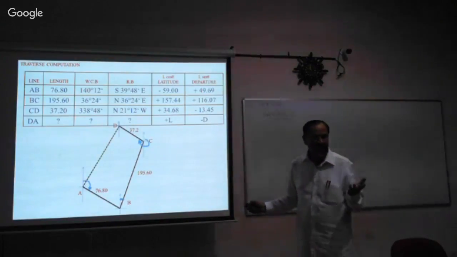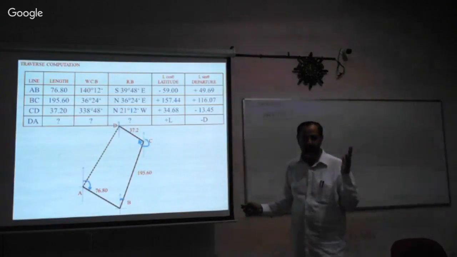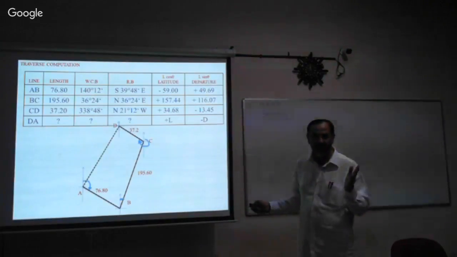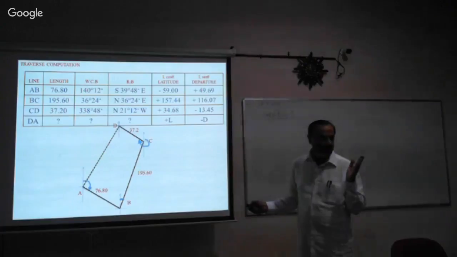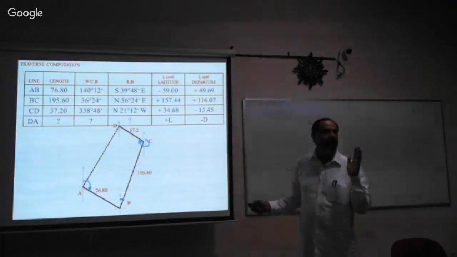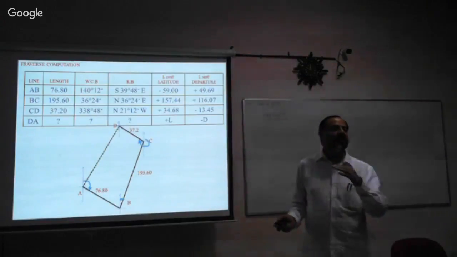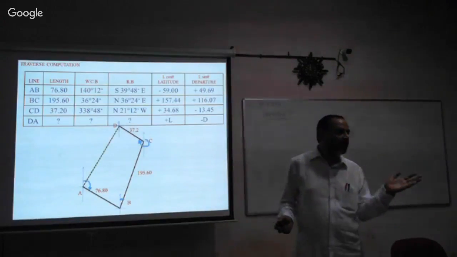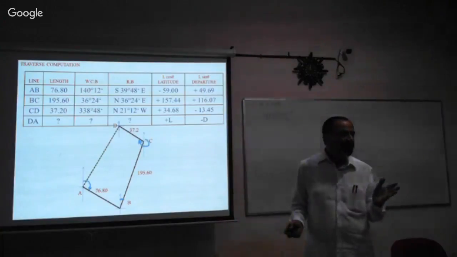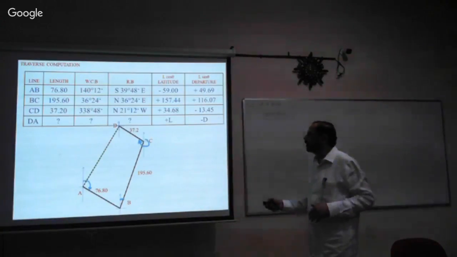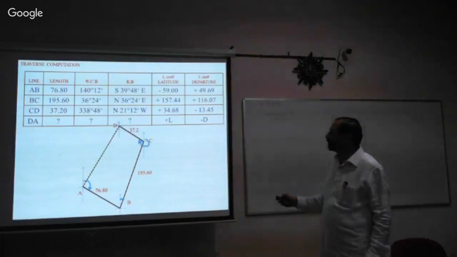I think you all learned this in Survey 1: how to convert the whole circle bearing into reduced bearing and how to convert the reduced bearing into whole circle bearing.